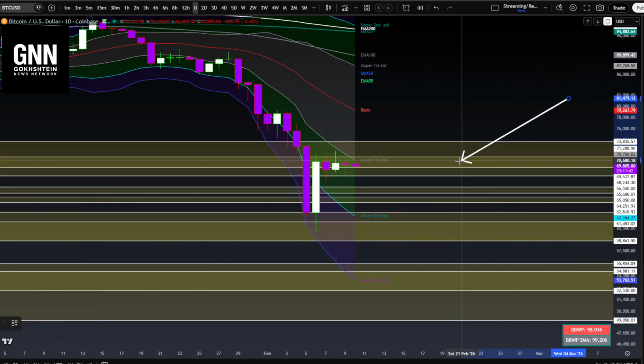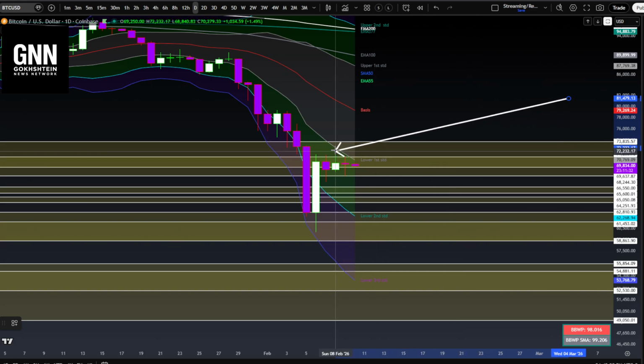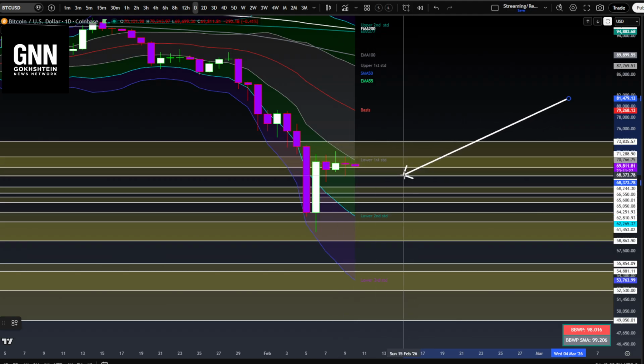And that top side weekly structure is going to be 68 to that 73,835. Now, some of the key areas here to be aware of, it's going to be 68 to 72. So 68 to 72. If we drop 68, expect to move to that 66, 66 and a half area.